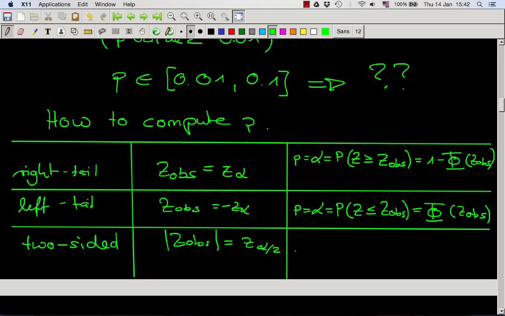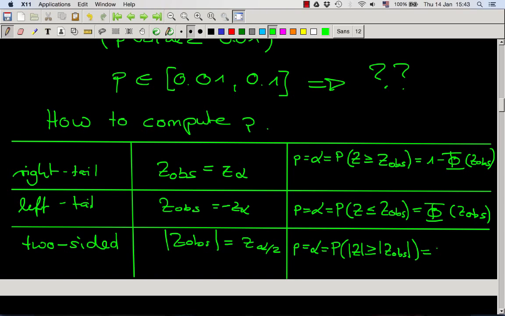And in the two-sided case we have that p equals alpha is the probability that the absolute value of Z exceeds the absolute value of z_ops, which is z_alpha half. And this probability is a little bit more complicated.